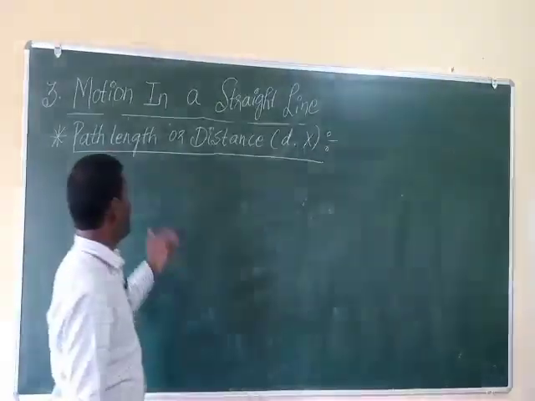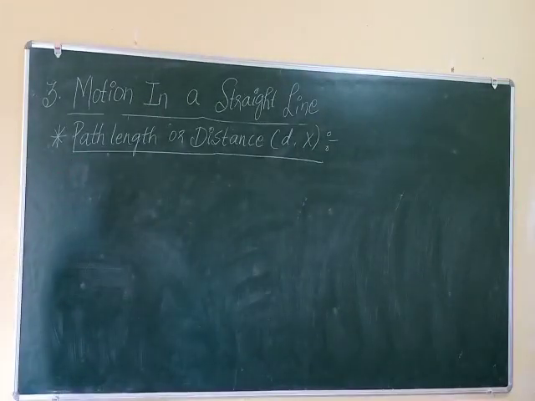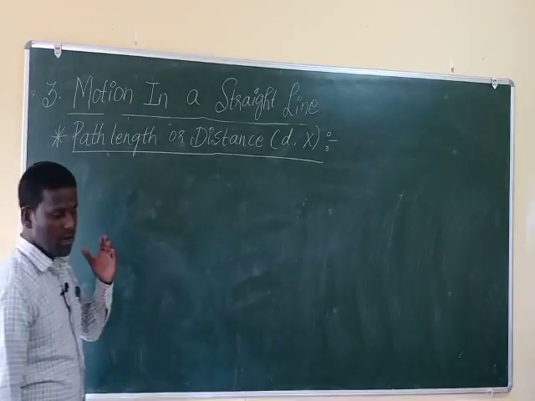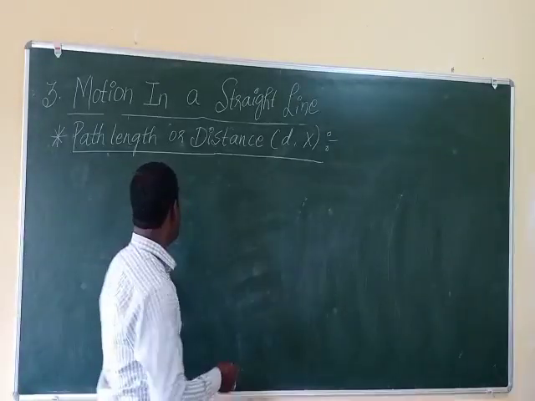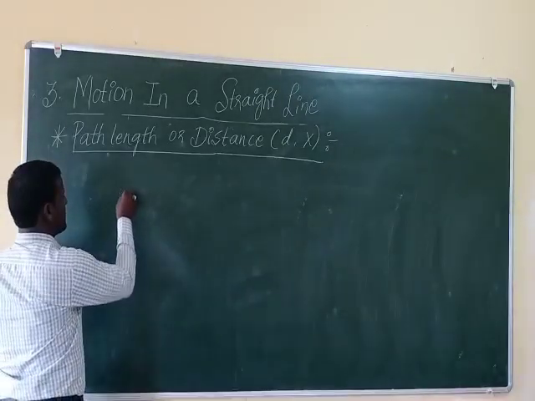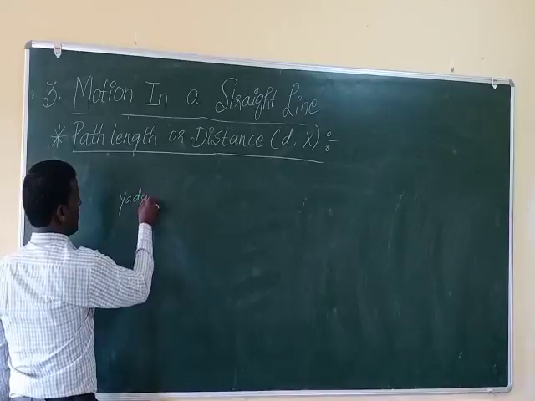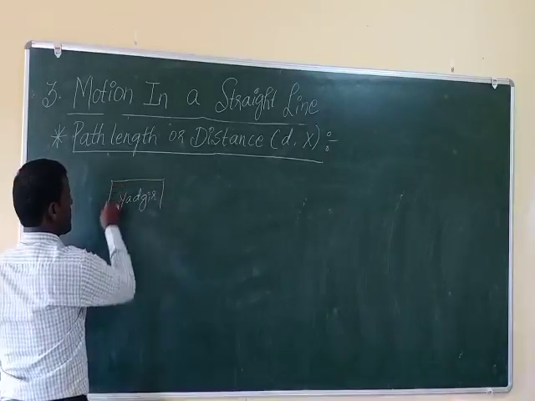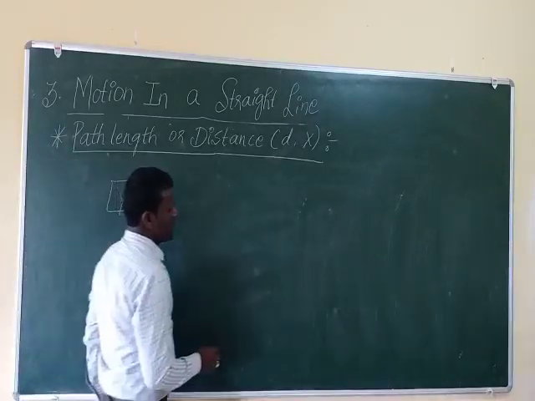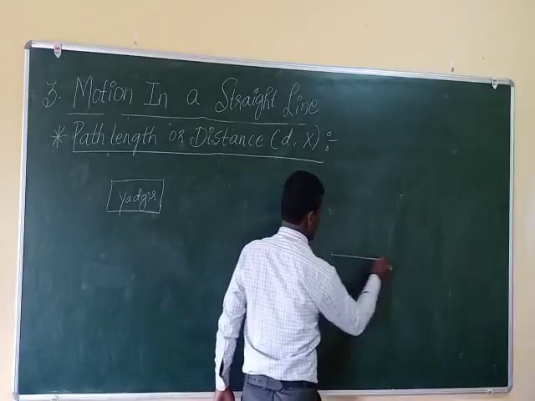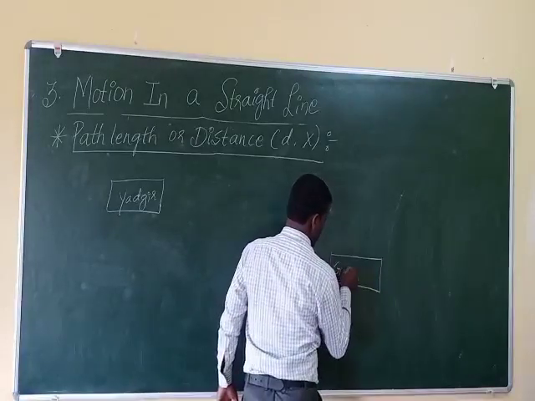So next we shall see about path length or distance. What is the meaning of path length or distance? It is the actual path. See, for example, this block represents Yamgir, and see here is Gulbarga.